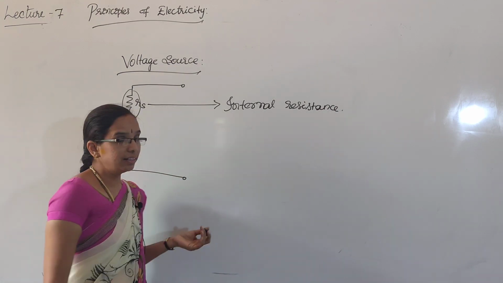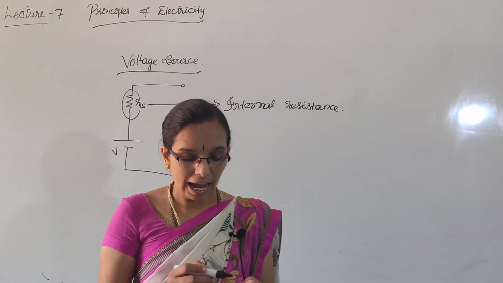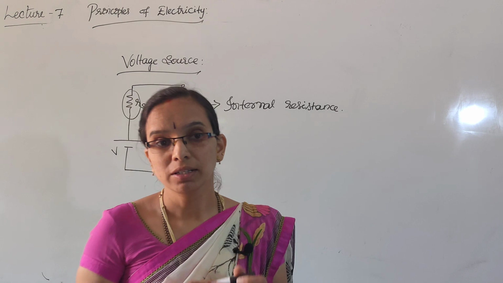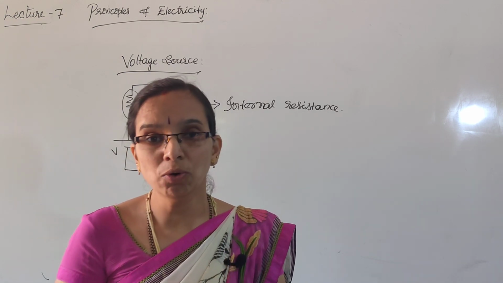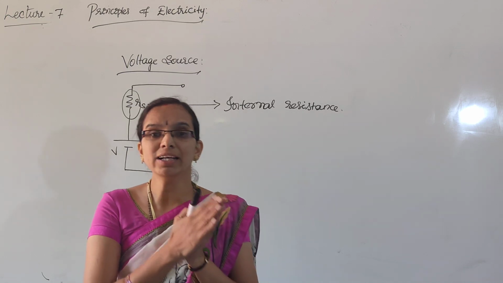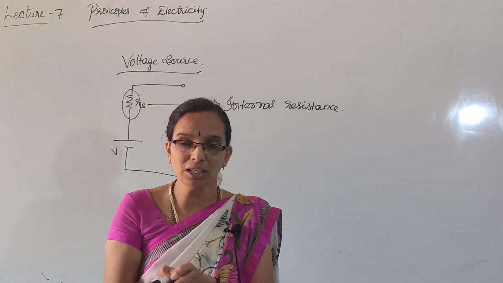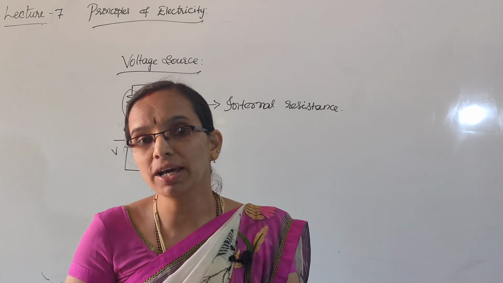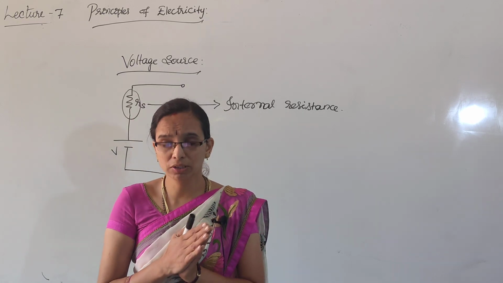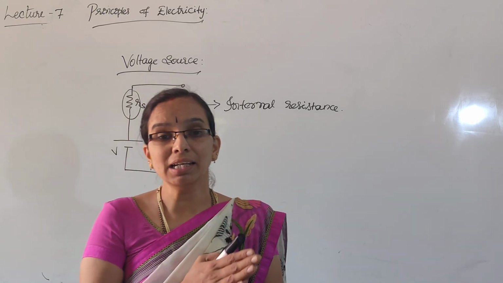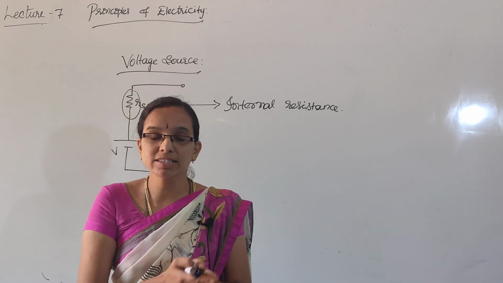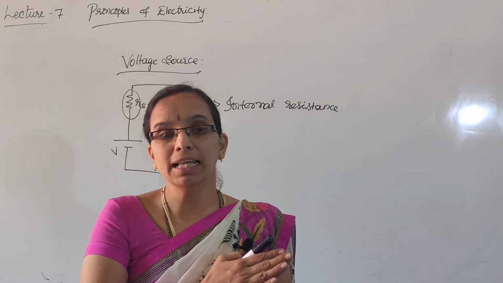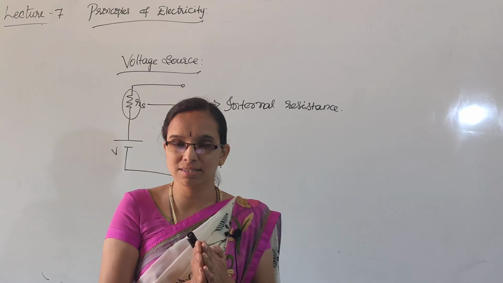Ideally, the voltage source will supply full voltage to the load, the device connected to it. But practically, there will be some resistance inside the battery, and that is called internal resistance.